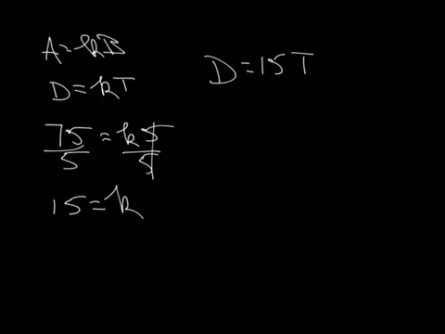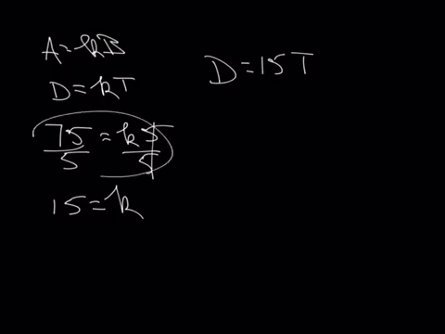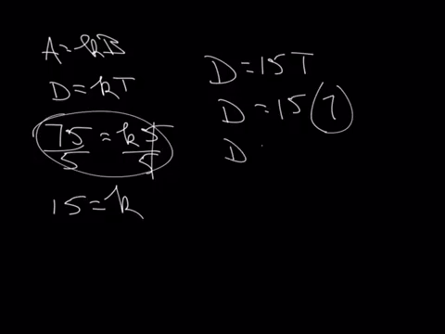If the car goes 75 kilometers in 5 hours, which we already used there, so we're done with that, how far will it go in 7 hours? Okay, so 15 times 7 is going to give me 105. Okay, so are you seeing the way this process works?